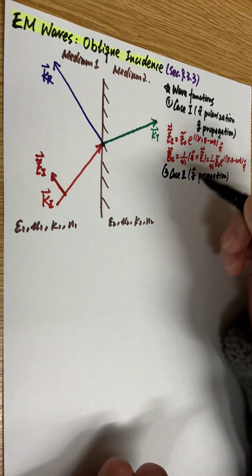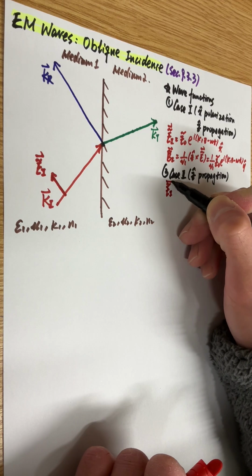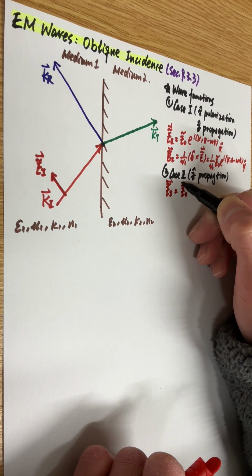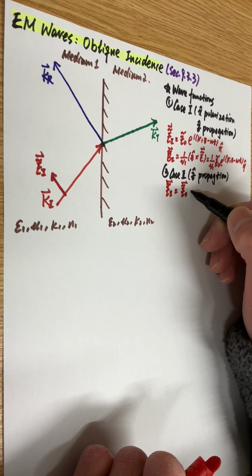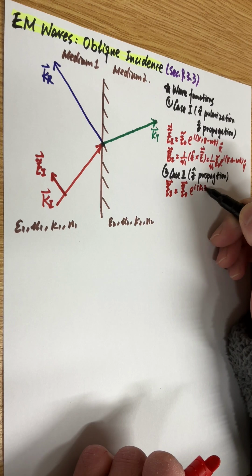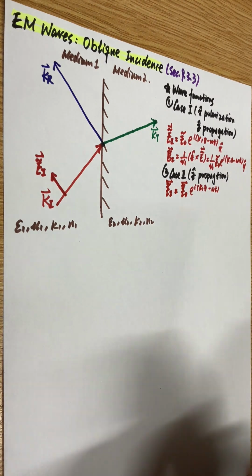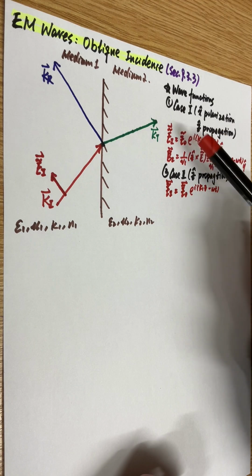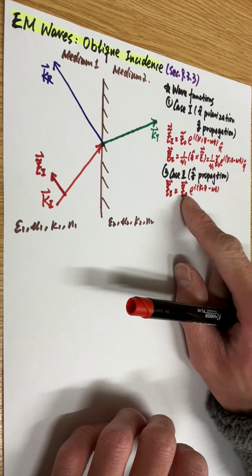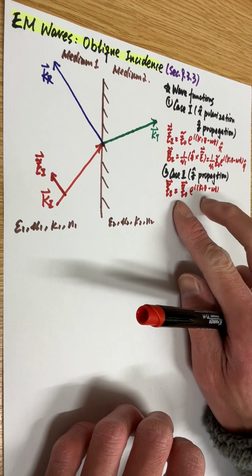We have E_i equals a polarization vector, and then propagation function. We can see that this x direction is absorbed into this polarization factor. So this is the polarization, this is a propagation function. We look at them separately.